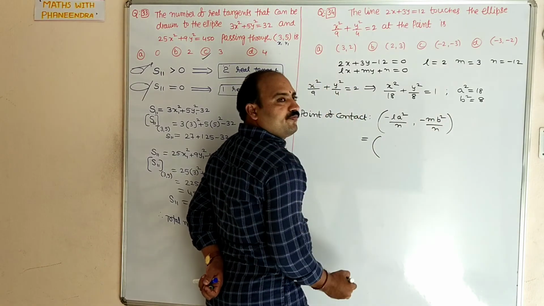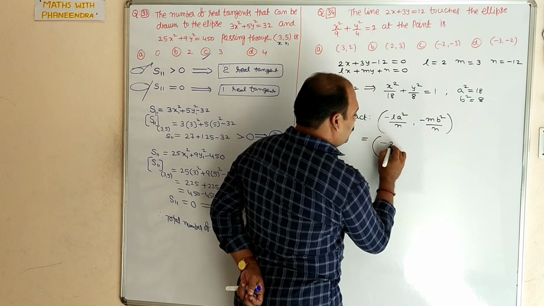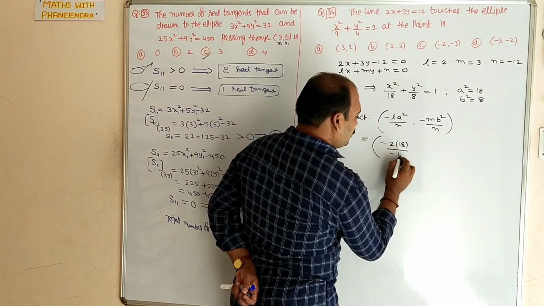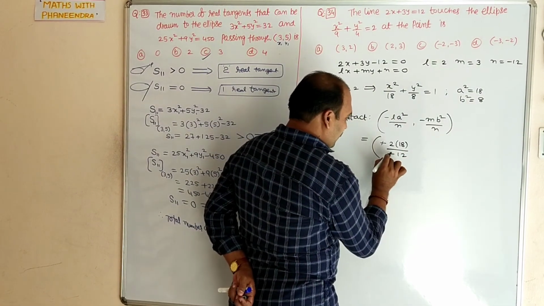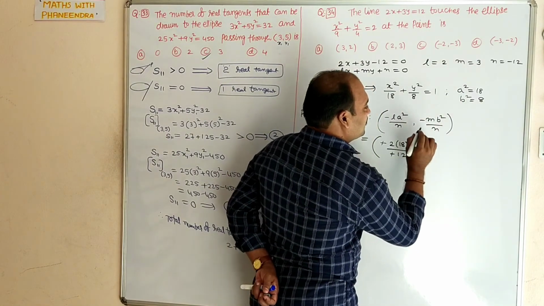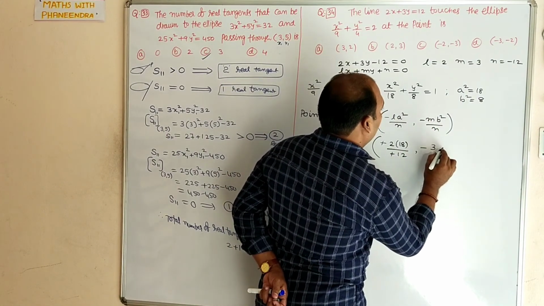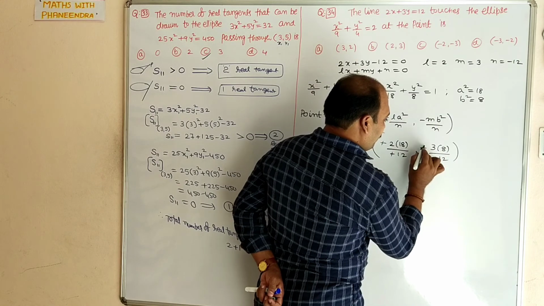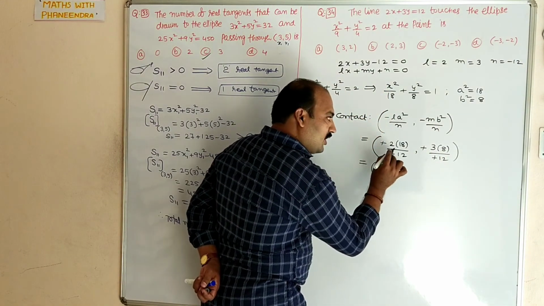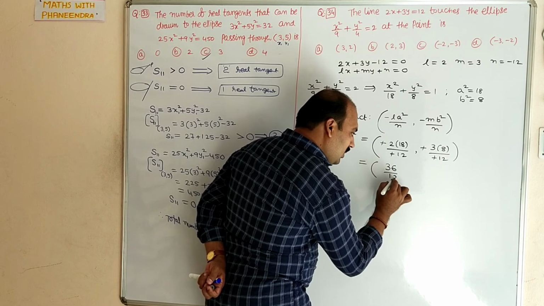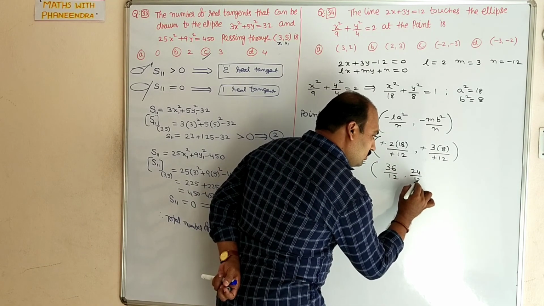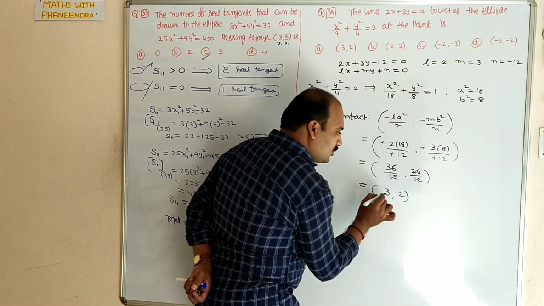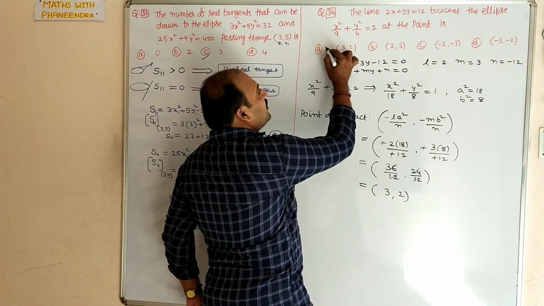That is minus 2 into 18 divided by minus 12, so the minus signs get cancelled, and minus 3 into 8 divided by minus 12. So 18 twos are 36 by 12, 24 by 12. So 12 threes are 36, 12 twos are 24. So 3, 2 is the point of contact, which is in the first option.